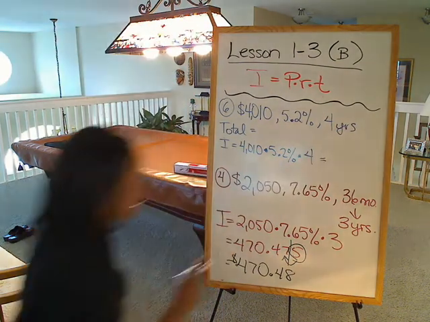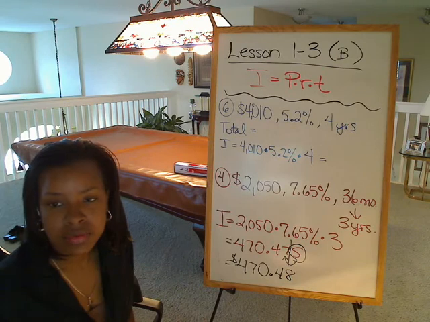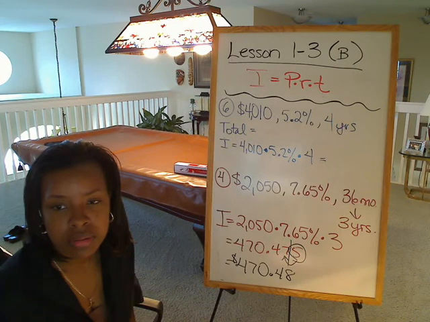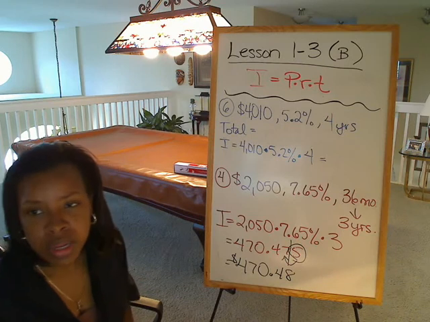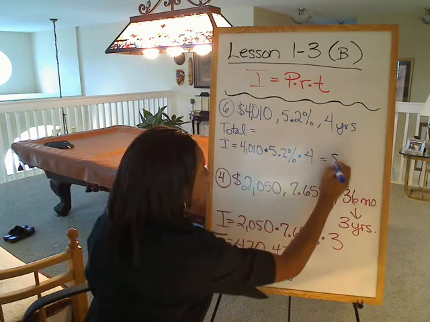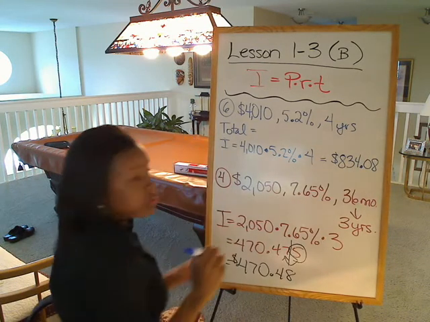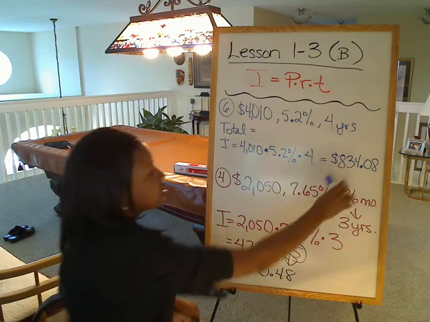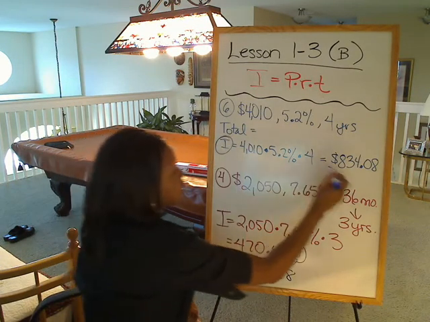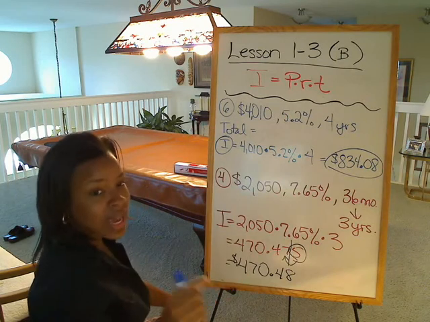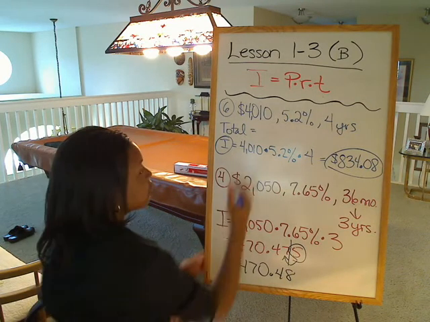And when we do that, we get, let's see, 4,010 times 5.2% times 4. $834.08. Now, that's just the interest. The interest has to be added onto the original amount. That's how you find the total.